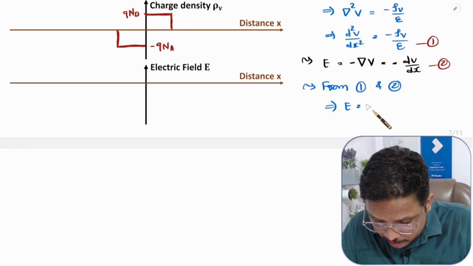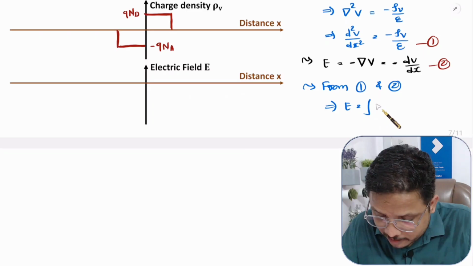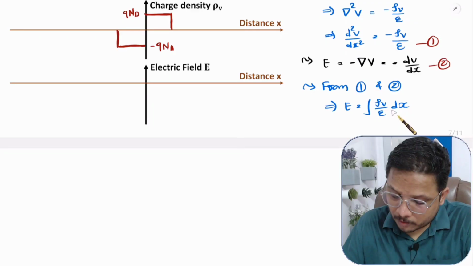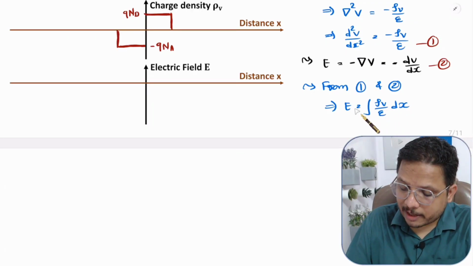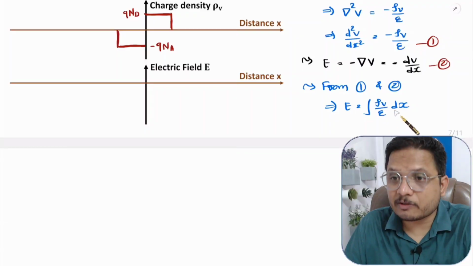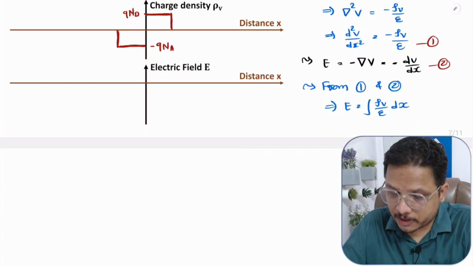So here electric field is equal to integration of rho V by epsilon with respect to distance x. Now you see what we are doing over here. Electric field is integration of rho V by epsilon with respect to x. How is it coming?